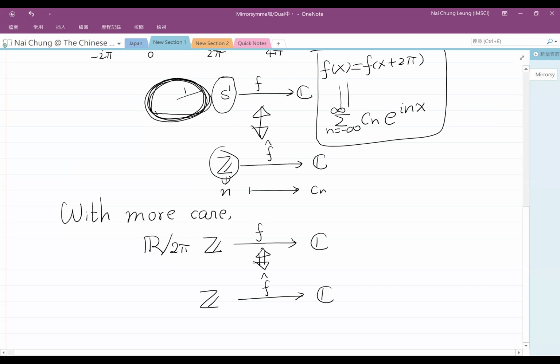If you make the scale change to be times R here, then this will be 1 over R here. That becomes the natural relation between them. And that's quite important.